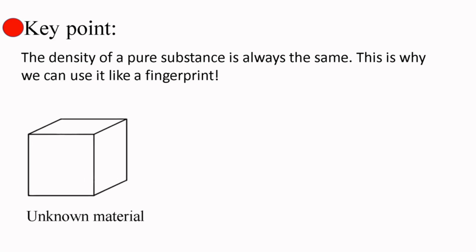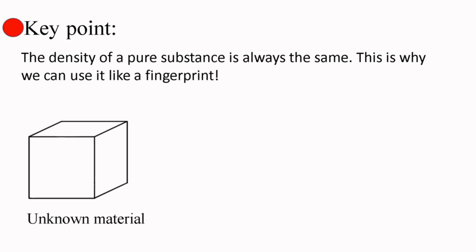Assume that we have an unknown material. We can easily measure the volume of that object and measure the mass of that object, and by dividing these two terms we can easily find the density. Assume that in this case the density is equal to 2.7 gram per cubic centimeter. Okay, I'm gonna compare this value with the known densities that I have.